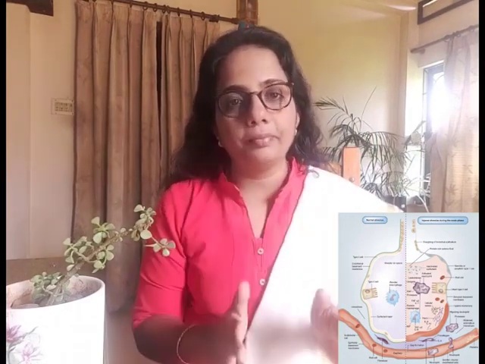Then what I want to tell is, because of all these processes, what will happen? This type 2 alveolar cell will become damaged, destructed. Because of this destruction of the type 2 alveolar cells, two things will be produced. One is damage associated molecular pattern, and another is cytokines. You may know that cytokine is the dangerous thing in this infection.